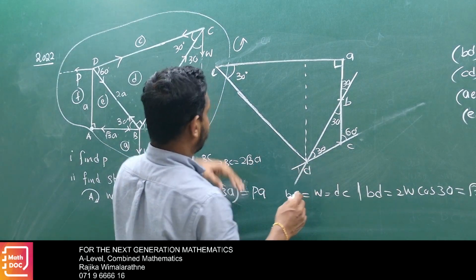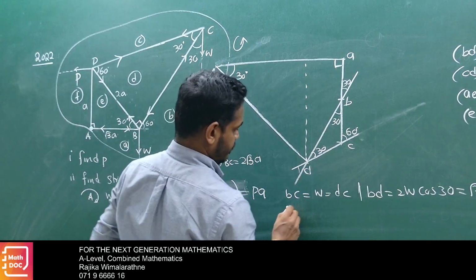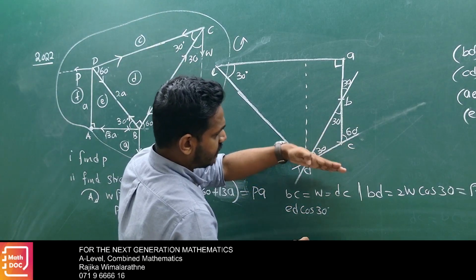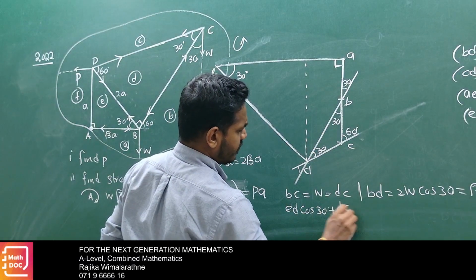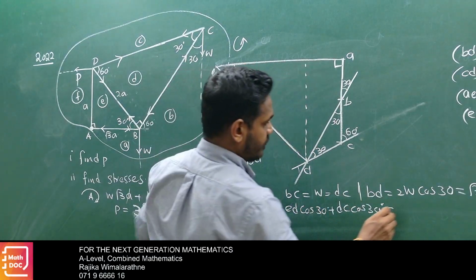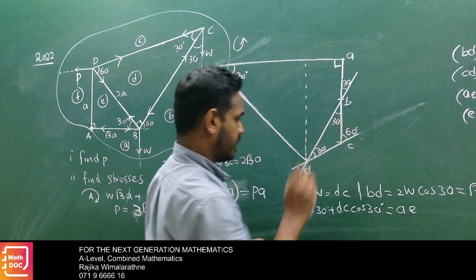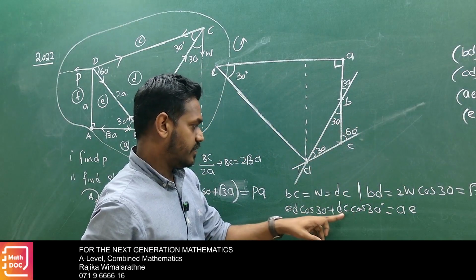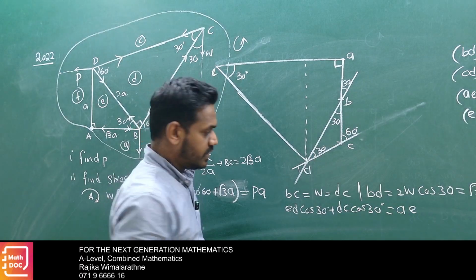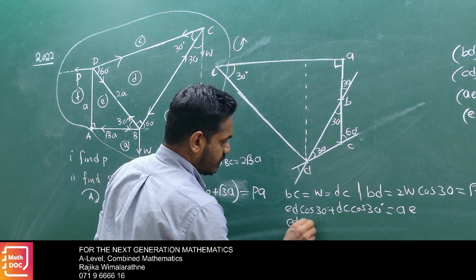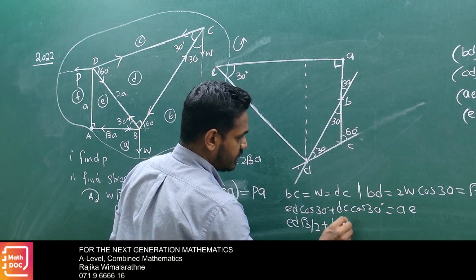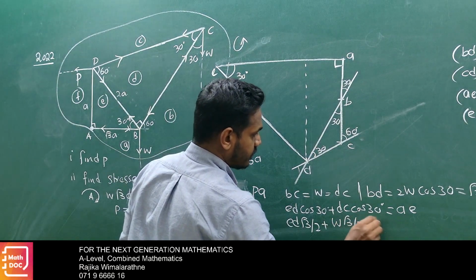Then I'll get this equation: ED cos 30, DC cos 30 equal AE. Then DC is W, no? Cos 30 is root 3 over 2. ED root 3 over 2, DC is W, cos 30 root 3 over 2, AE.